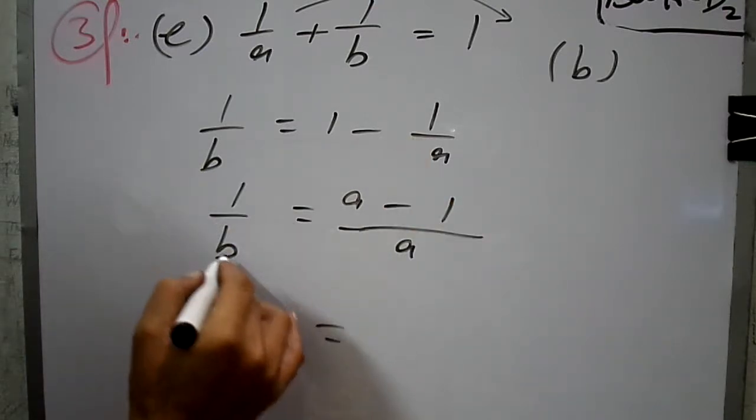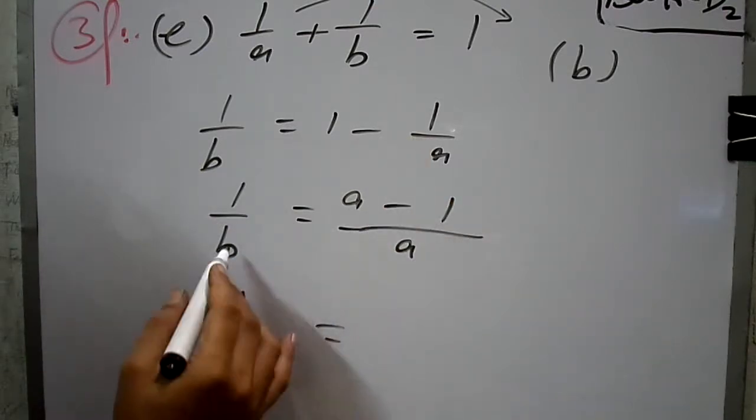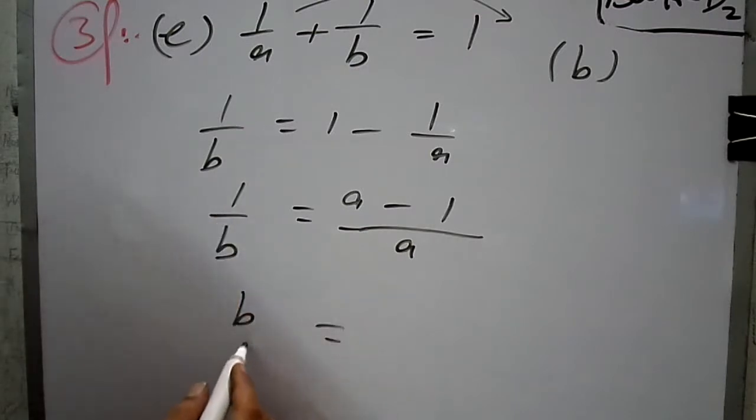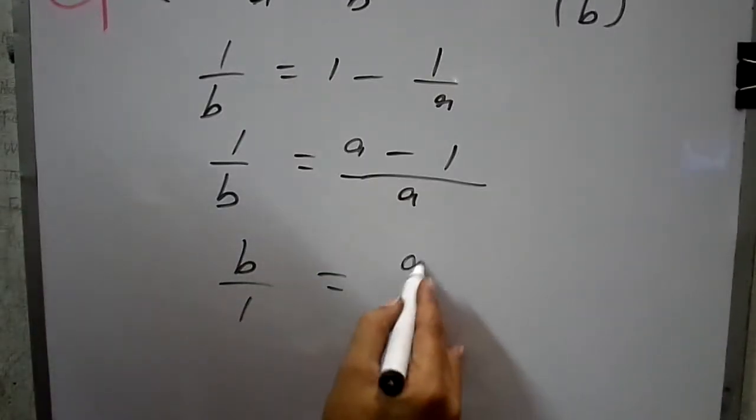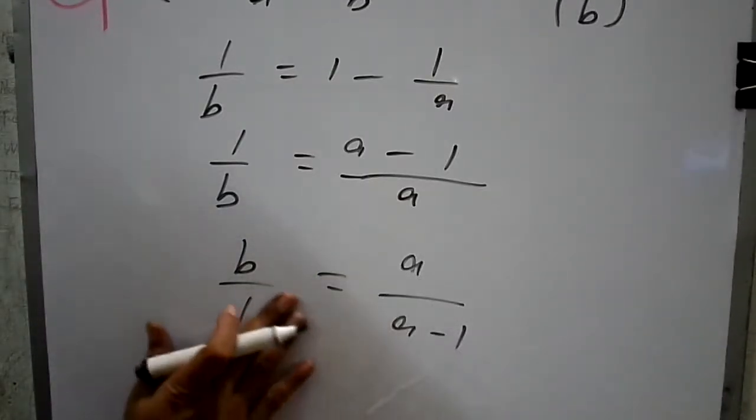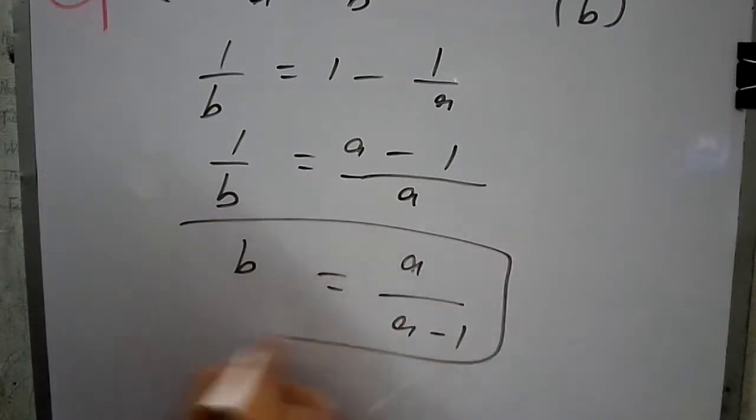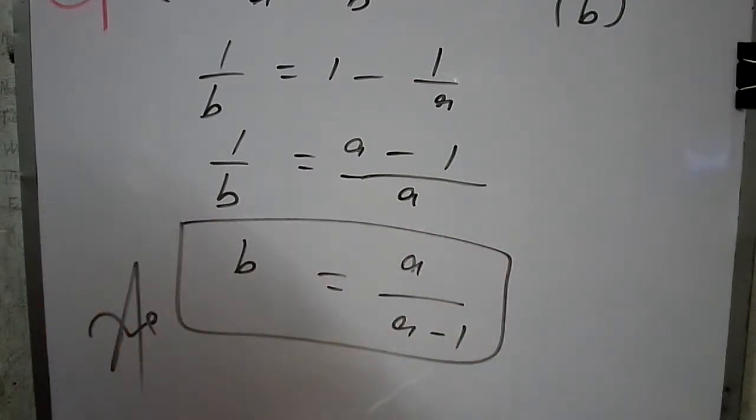So 1 by B is equal to A minus 1 by A, and when it is inverted, that is B by 1, you will get A by A minus 1, so 1 no need, so B is the subject. So that is your concept.